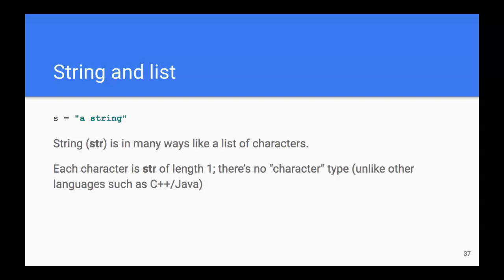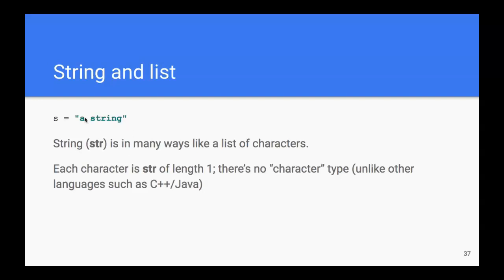I don't know if you saw this coming, but if you think about it, strings are in many ways really like a list, a list of just characters, right? You have to realize that each character is itself a string that has length 1.